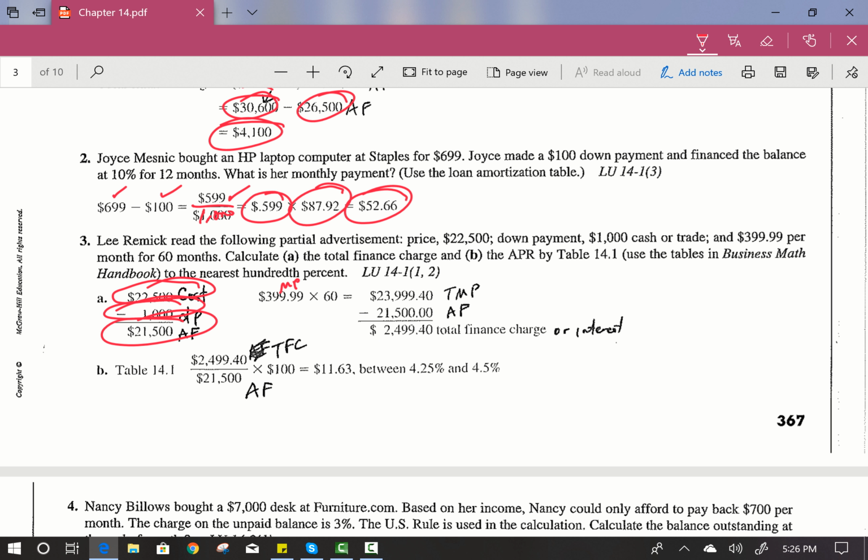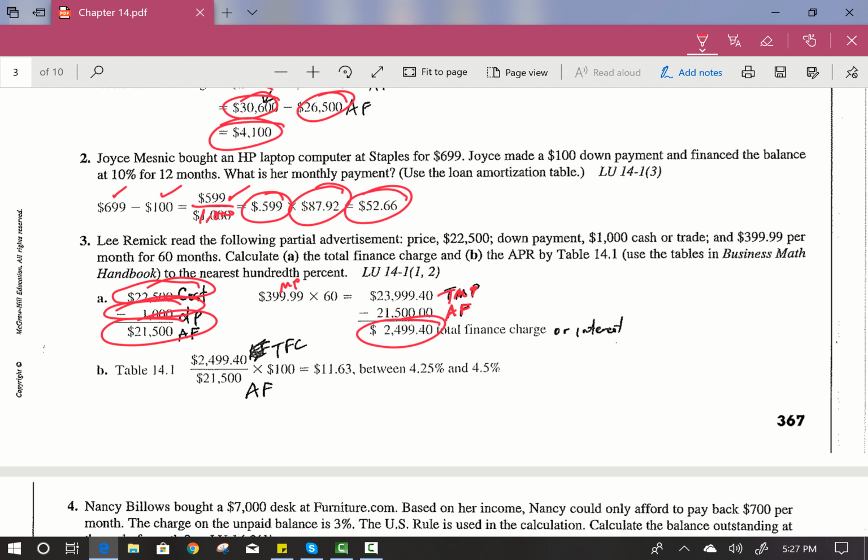It's going to give me the total of all monthly payments, and the total of all your monthly payments includes both the principal and the interest. I'm going to subtract the amount financed of $21,500, and the total finance charge or amount of interest that I paid is $2,499.40.